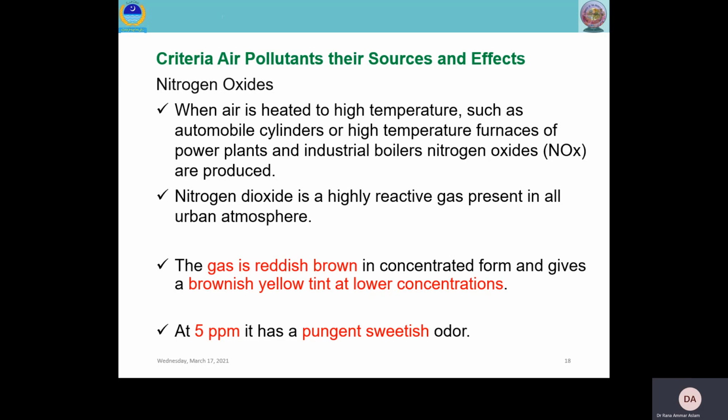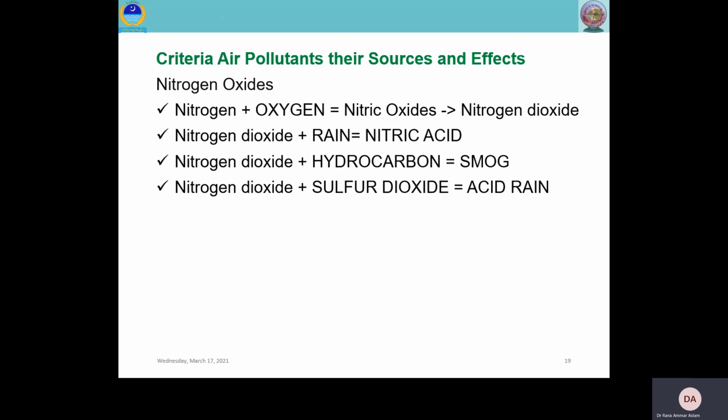The oxides of nitrogen, especially nitrogen dioxide, is a very reactive gas, and it is abundantly present in the air. This gas is reddish brown in color at high concentration, while at low concentration it gives a brownish yellow color, right? And if its concentration increases to 5 ppm, it gives a pungent sweetish smell or odor.